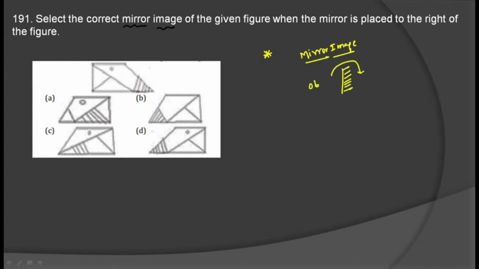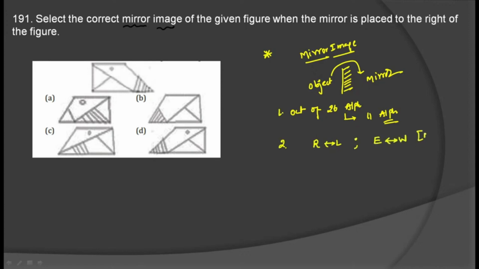Out of 26 alphabets, 11 look similar in the mirror, reflecting the same image. Right always becomes left, and left always becomes right. As per direction, east always becomes west, but north and south remain constant. If you know all this information, you can crack the mirror image concept.